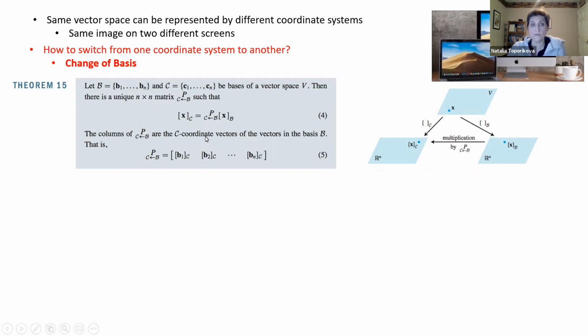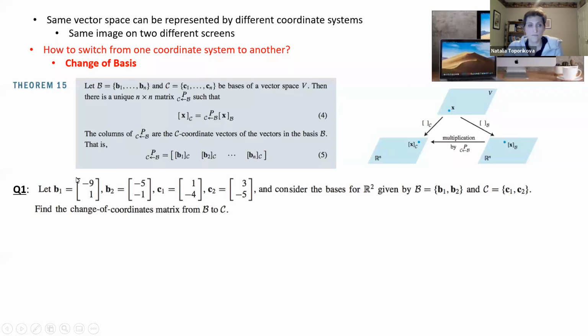All you need to know is the coordinates of your vectors B, the vectors you're going from, in the coordinates of the space C, the space you're going to. Okay, I realize that there are a lot of B's, C's, and matrices, maybe a little bit confusing. Let's just go through an example and conduct the calculations.